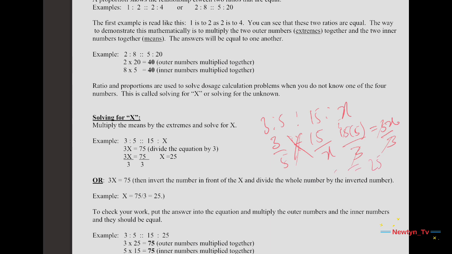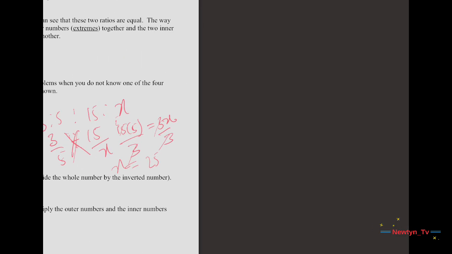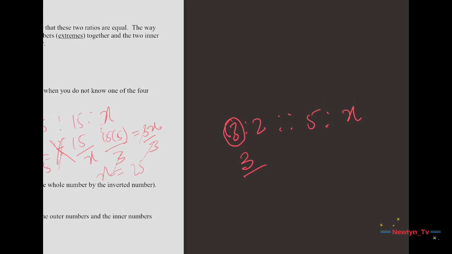So x is 25. What I'm trying to say here is, let's say we have 3:2 as 5:x. Let's find x, right? When you have something like this, the first one goes as a numerator, so 3, and this one goes as a denominator, 2.